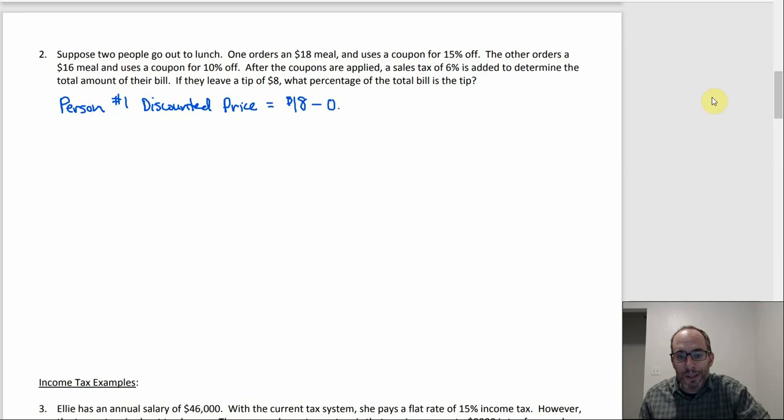So minus 0.15 times 18. Or we could write that as 0.85 times 18, which is 15.30.